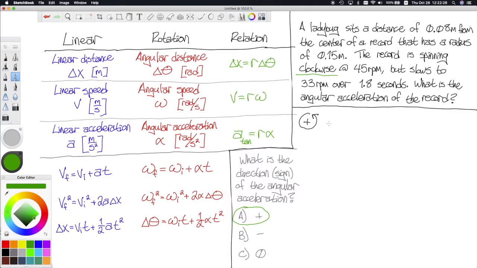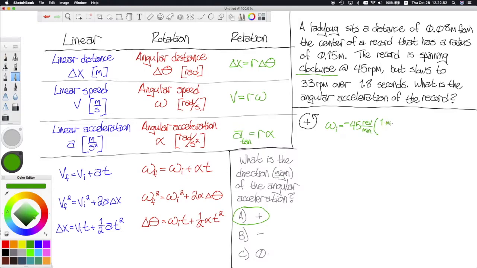We have our initial angular velocity is given to us as 45 RPMs, which is just revolutions per minute. And this is in the clockwise direction, so this is a negative value. So this is an angular velocity, but it's not in the units we need for our equation, so we're going to have to convert.